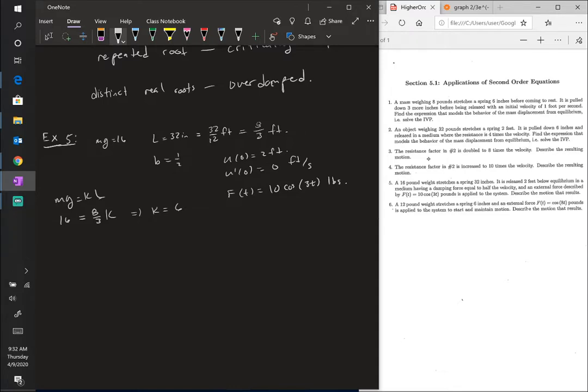What's m? M is 16 over 32, which is 1/2 a slug.